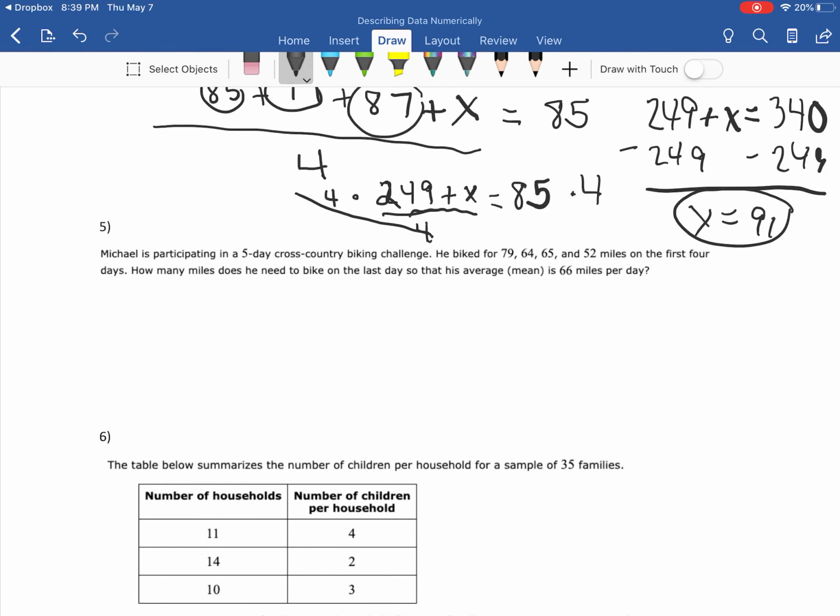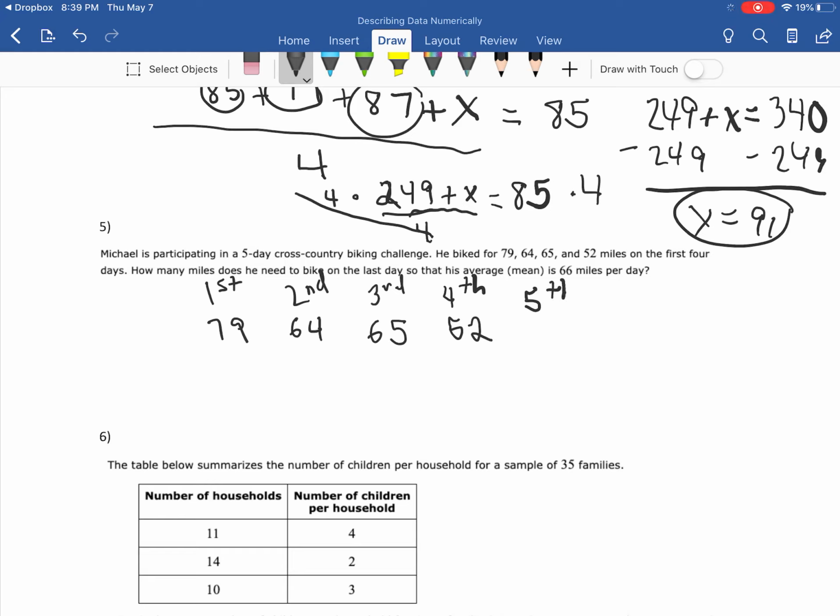All right, so number 5 is kind of the same thing that we just did. 5-day cross-country bike challenge. So the first day, 79. Second, he did 64. Third, he did 65. Fourth, 52 miles. And we want to know how many miles does he need to bike on the last day.